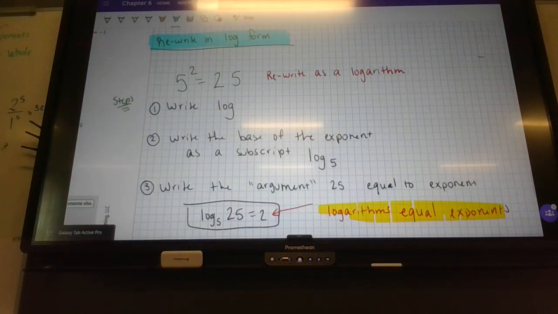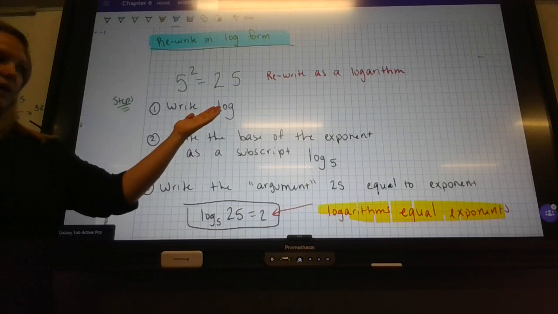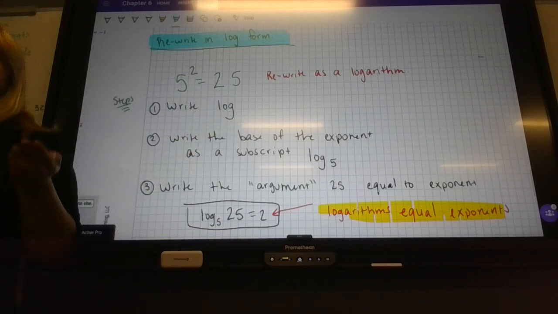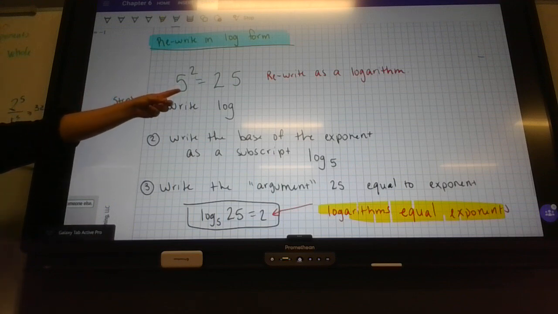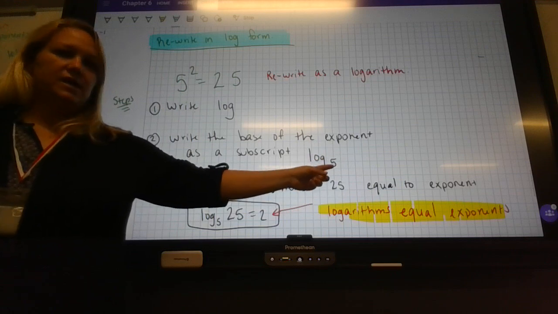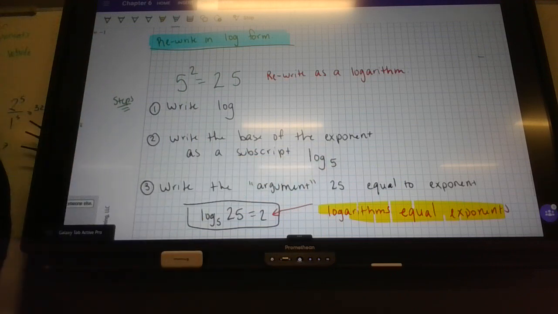So if you're asked to rewrite an exponential equation as a logarithm, step 1, you actually write out the word log, L-O-G. In Big Ideas Math, you're actually going to use the keyboard and key in L-O-G. You write the base of the exponent as the subscript. So this big 5 goes mini down low, subscript. It's mini and it's dropped down.